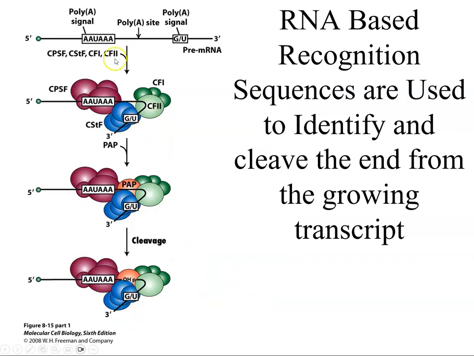So here's another, just showing you that binding, that group of proteins that are binding to multiple different regions, sequences within the messenger RNA, and they are going to cleave and cut this off here. And then the next step is to recruit different factors to the end here and polyadenylate it.